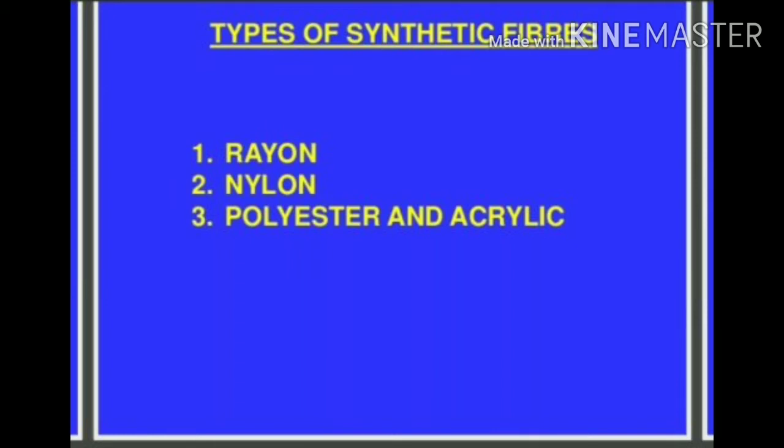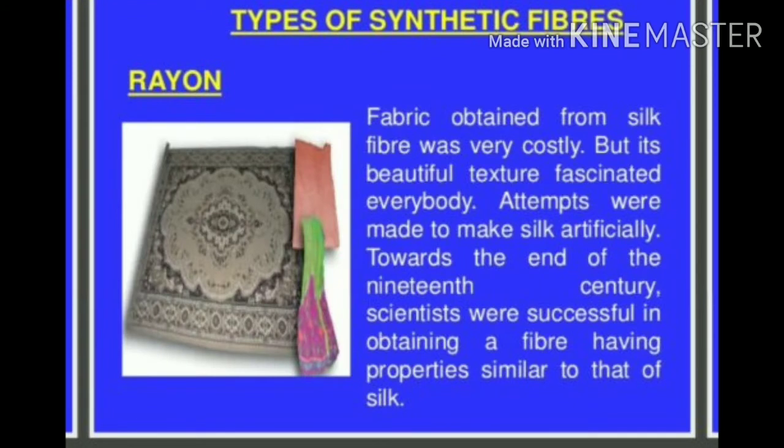You have read in class 7 that silk fiber is obtained from the silkworm, which was discovered in China but was kept a closely guarded secret for a long time. The fabrics obtained from silk fiber were very costly, with a very beautiful texture that fascinated everybody. Attempts were made to make silk artificially.